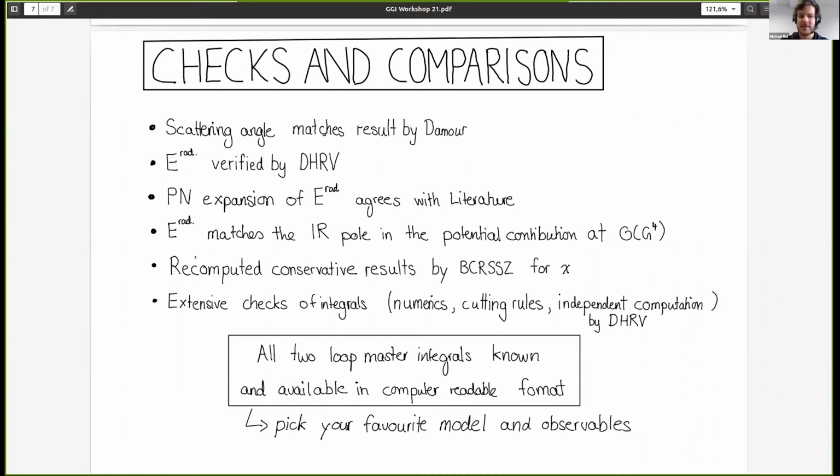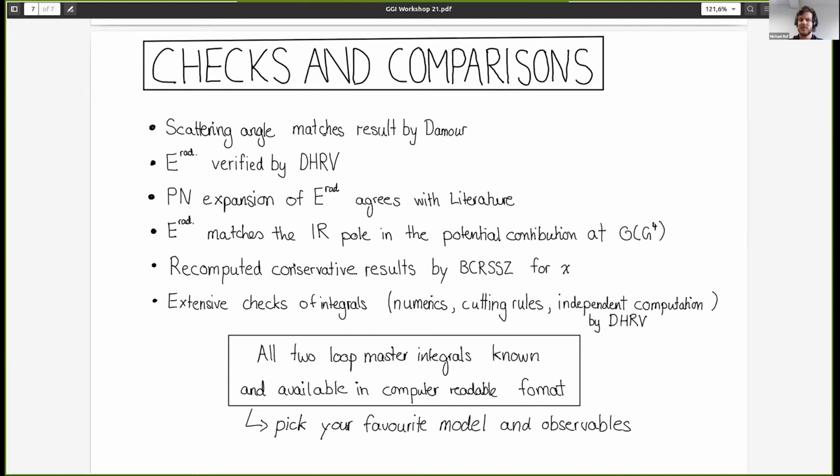Something that is also quite interesting and non-trivial: the radiated energy matches the IR pole of the conservative contribution at 4PM, which basically was published at the same time. And it's a highly non-trivial agreement.